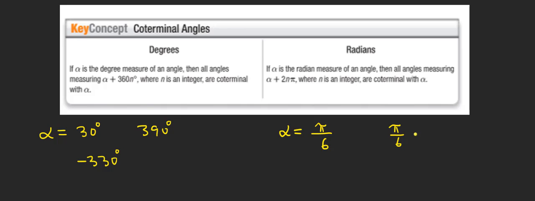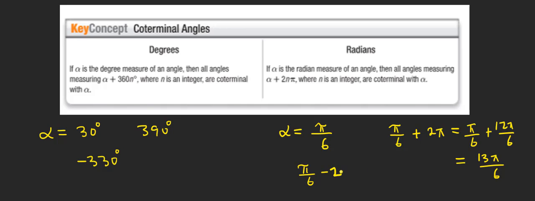So pi over 6 plus 2 pi is going to be pi over 6 plus 12 pi over 6, because that's the same thing as 2 pi. You get 13 pi over 6. Or you could subtract: pi over 6 minus 12 pi over 6, and that's the same thing as negative 11 pi over 6.